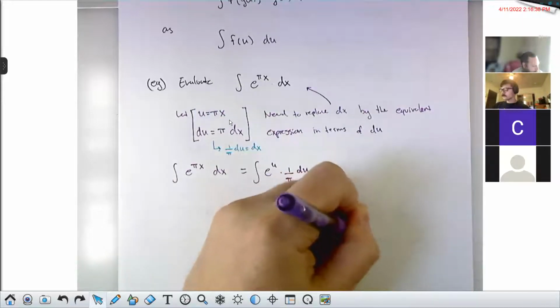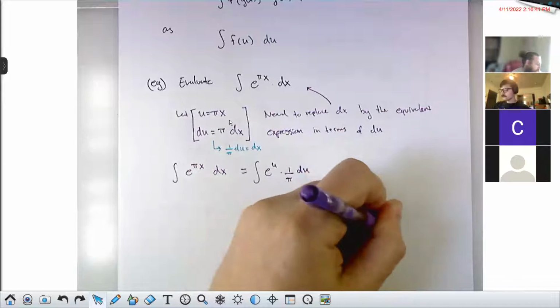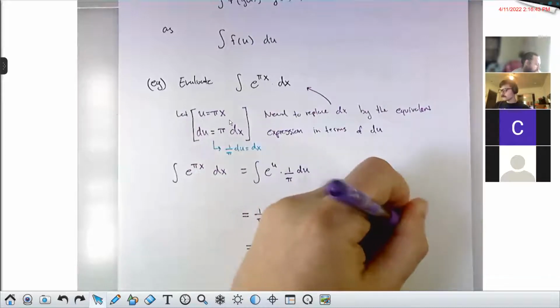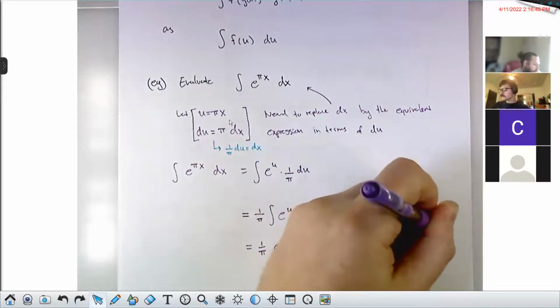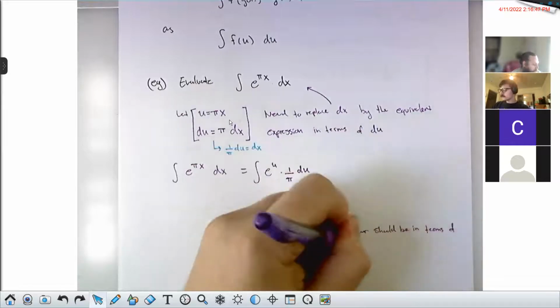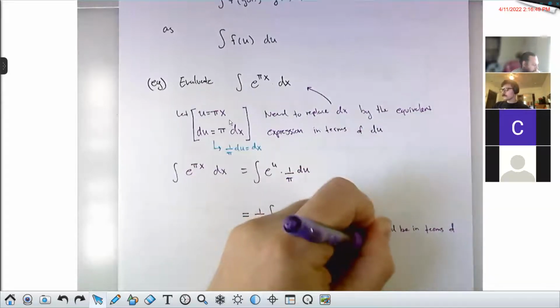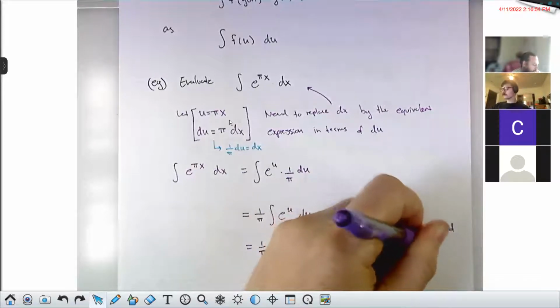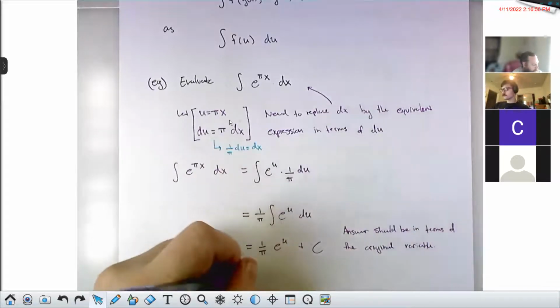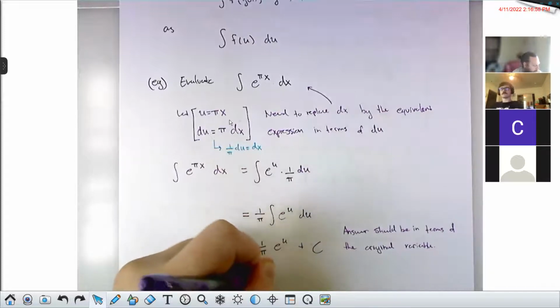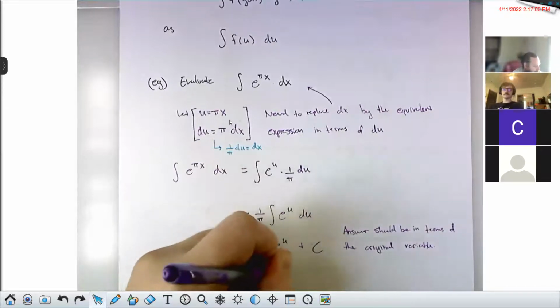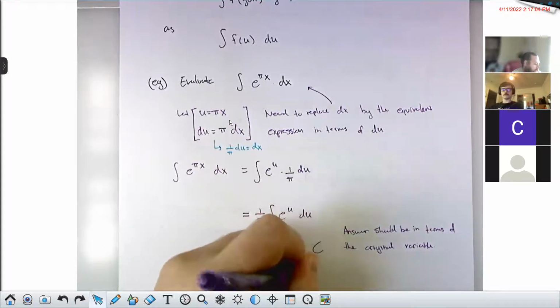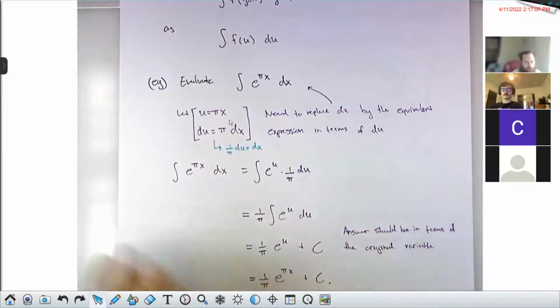The answer should be in terms of the original variable. So 1 over pi, again, just a constant, that's 1 over pi. e to the u is e to the pi x. And that is now job done.